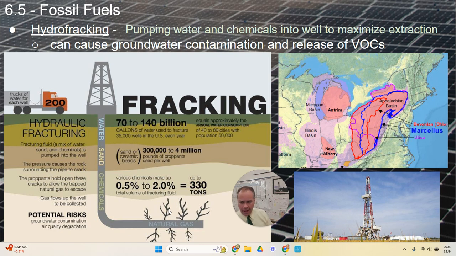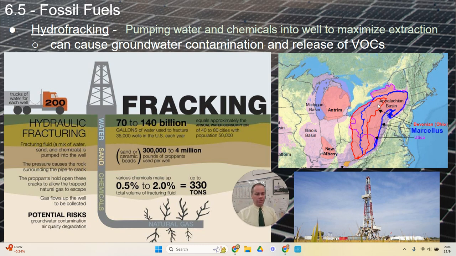And so the rock cracks, and there are these chemicals added into this fluid that hold these cracks open, and that allows the natural gas to escape, and then it's pumped out to be accessed. And so this hydrofracking process, it stands for hydraulic fracturing, has been increasing in terms of how much it is used.